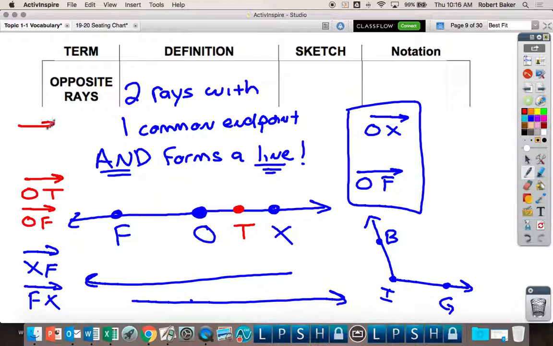Now we can say ray TX starts at T and travels towards X, and then there's two different answers you can get for the second part. Ray TO or ray TF. They're both the same ray. Okay? Opposite rays, that's one we're gonna struggle with for a while, I promise you.